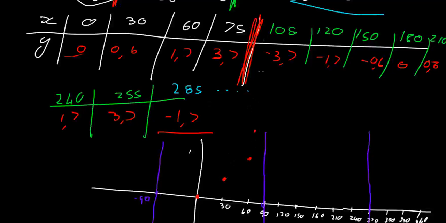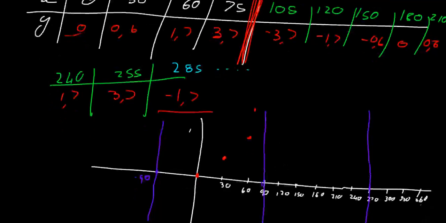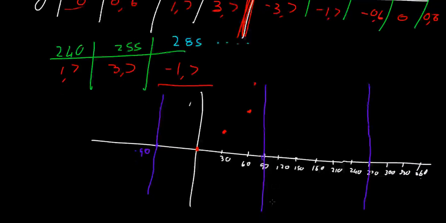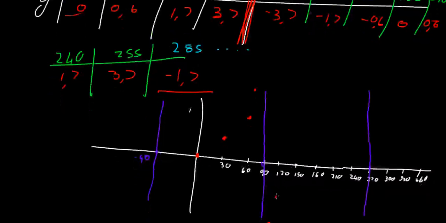Then we reach our asymptote at 90 degrees and the graph jumps to minus 3.7. So what happened is we went to here. And we had 120 and that. And then we reach our asymptote again, and it jumps back down.